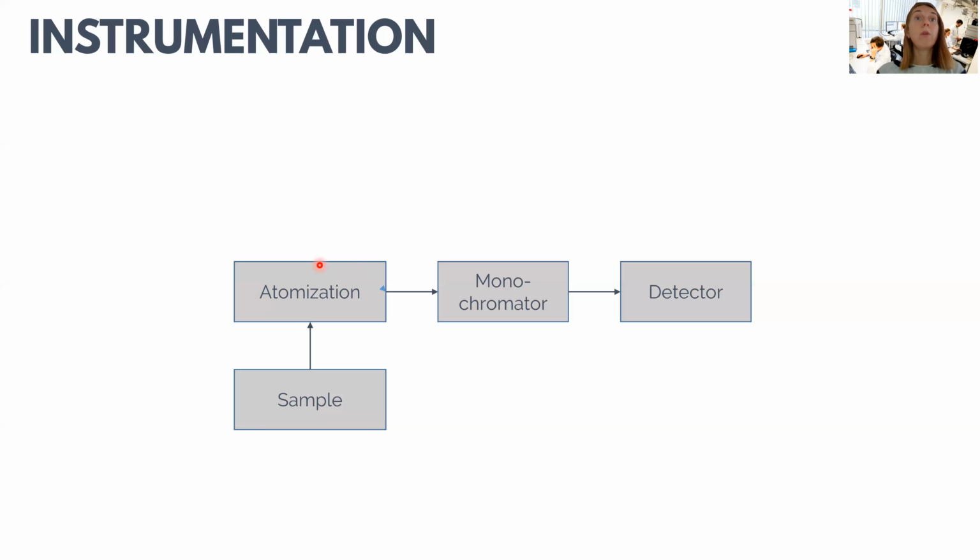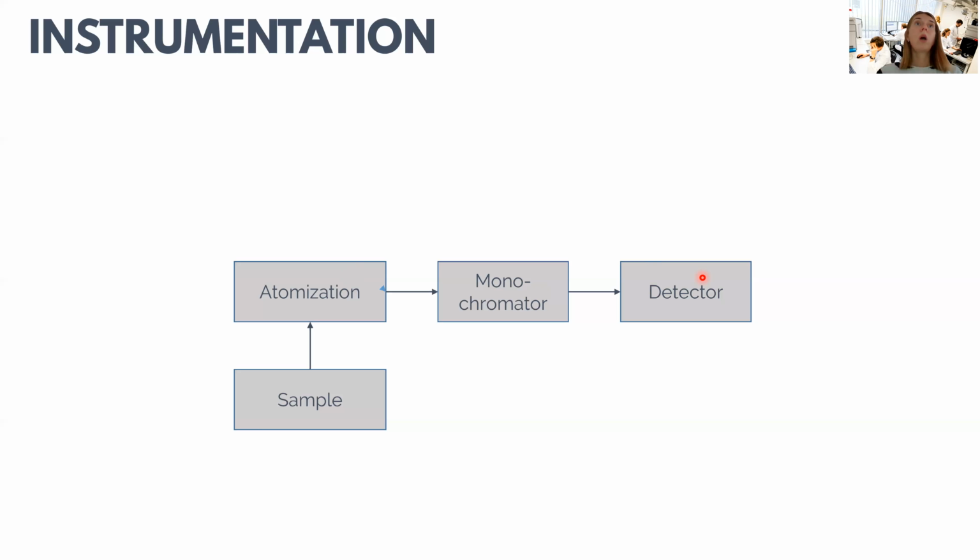And here also occurs the emission of the light from the excited state when the atom returns from the excited state to the ground state. Thereafter, the monochromator or filter is used to select the wavelength that we want to measure. And lastly, the detector measures the intensity of the light that is passing the monochromator.